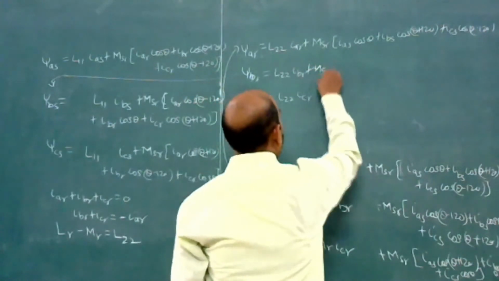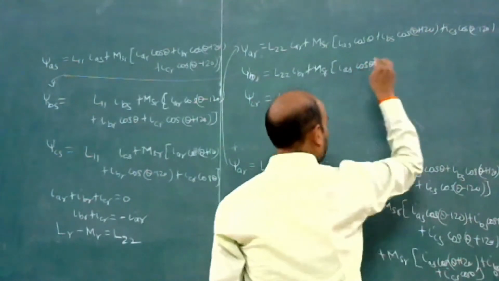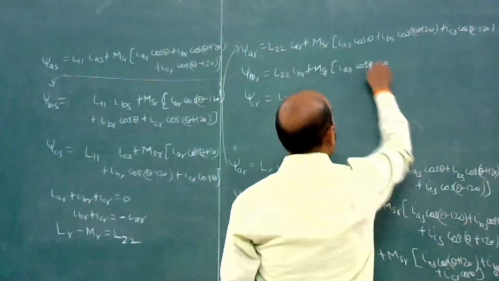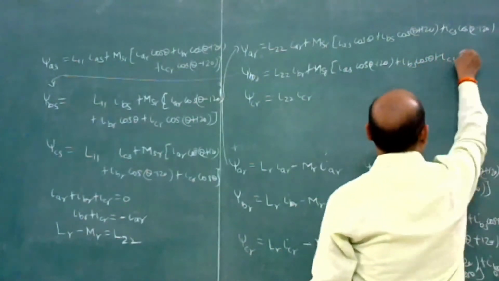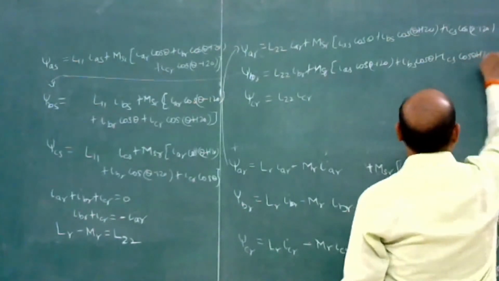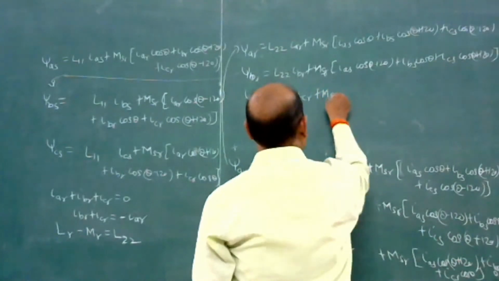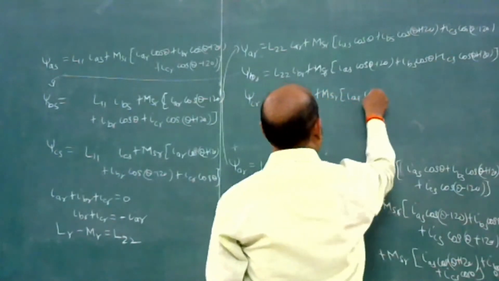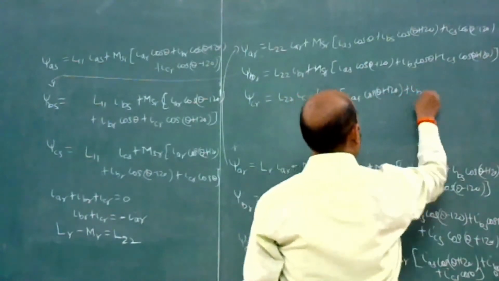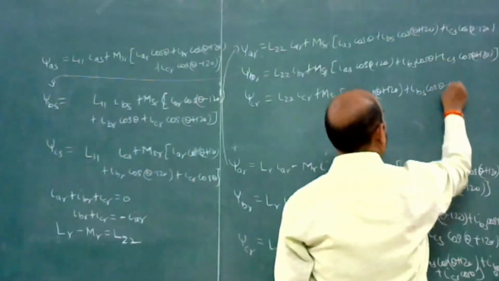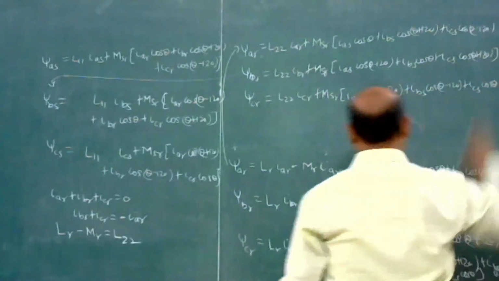Plus MSR IAS cos theta minus 120 degrees plus IBS cos theta plus ICS cos theta plus 120 degrees, plus MSR IAS cos theta plus 120 degrees plus IBS cos theta minus 120 degrees plus ICS cos theta.